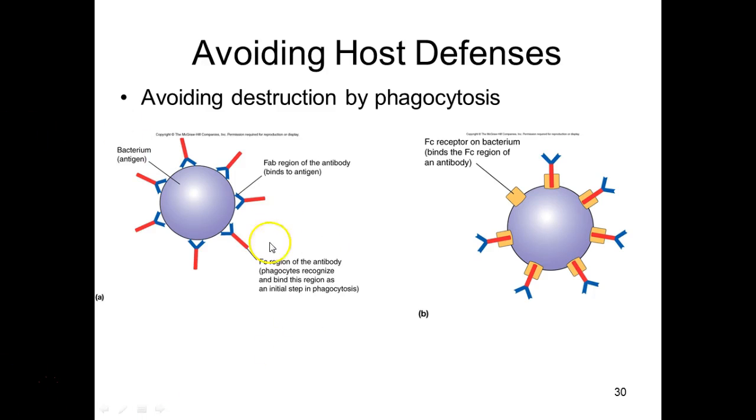But there are some bacteria out there that have developed receptors that grab onto the Fc portion of our antibodies. They grab onto the portion our immune system is supposed to interact with, and flip our antibodies in the wrong orientation. So our immune system's not going to interact with this Fab fraction, this antigen binding fraction. It should be interacting with the Fc portion. It can't even see it because this guy's gone around and grabbed it.